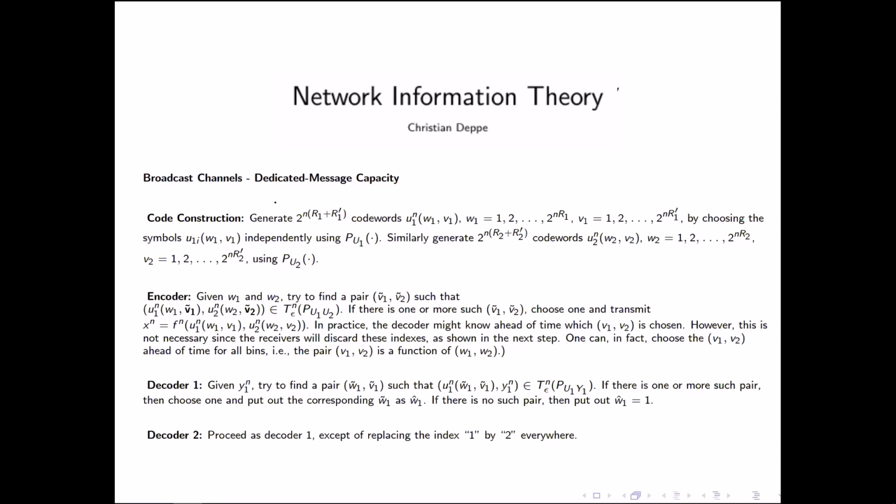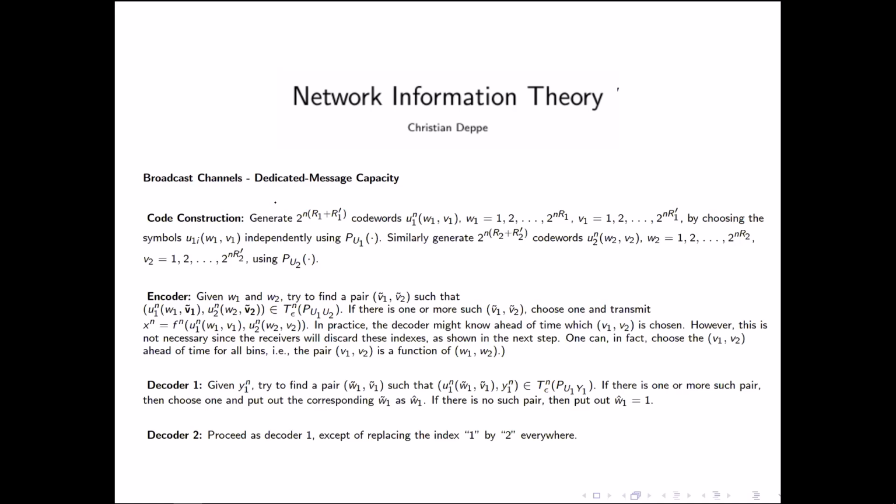That means a pair (v1, v2) is a function of (w1, w2). So that means the scheme is very special. So at the end, the decoder can already say which v1 and v2 were chosen by the encoder, but this doesn't help him or doesn't give any special information.